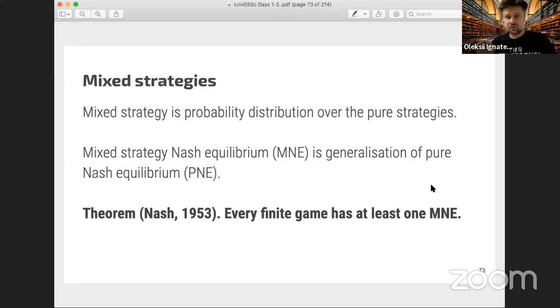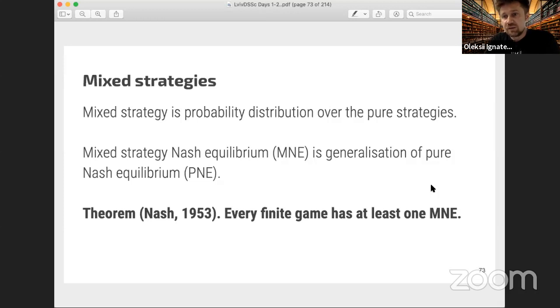But if you want to find an equilibrium strategy, you need to mix on the set of these 2 pure strategies.